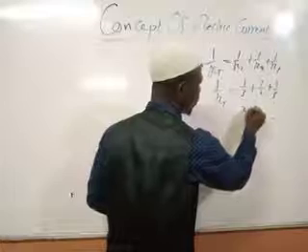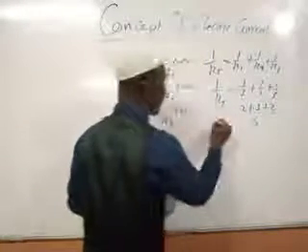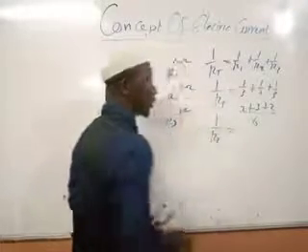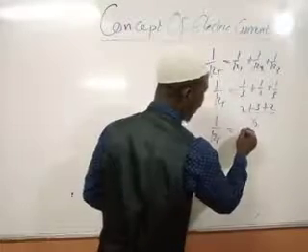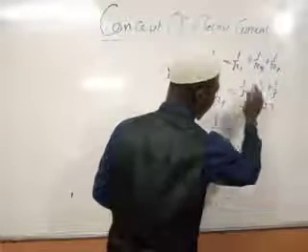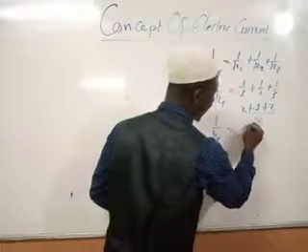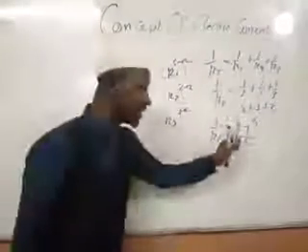This one is 2 plus 3 plus 2. Therefore, don't forget to write 1 over RT is equal to, you add this together, which will give us 7 over 6.